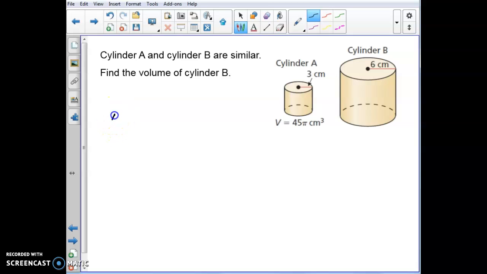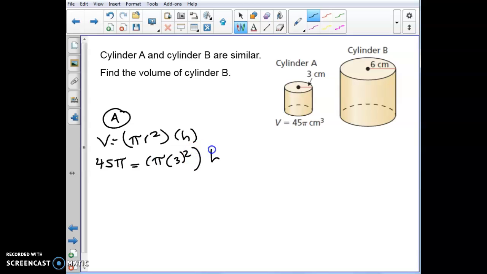So for cylinder A, the volume is area of the base, which is pi r squared, times the height, which we don't know. The volume is given by 45 pi, the radius is 3, and h is unknown.